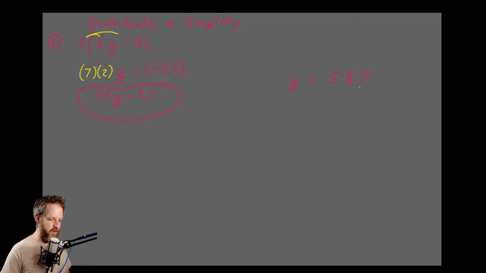If you've never done this before, when our instructions are simplify, very often we're going to end up with an expression as an answer. And so we need to keep that in mind there. So it's not hard. We just don't want to get scared at the end and accidentally by some strange magic end up making y equals 28 for some reason, right? We want to keep it the way it is.